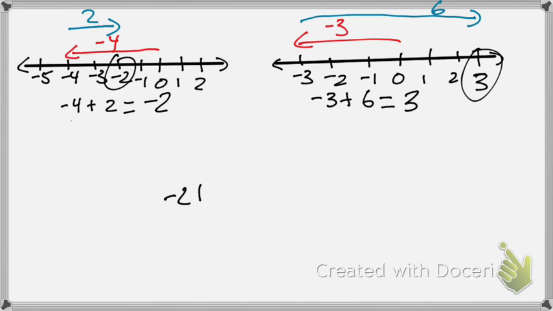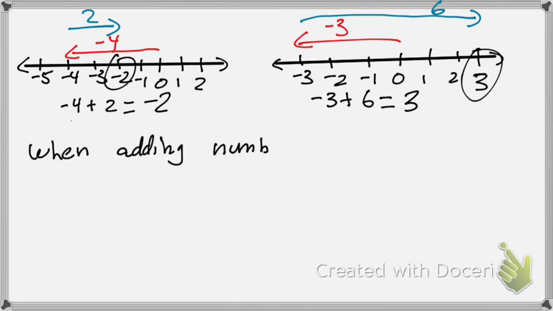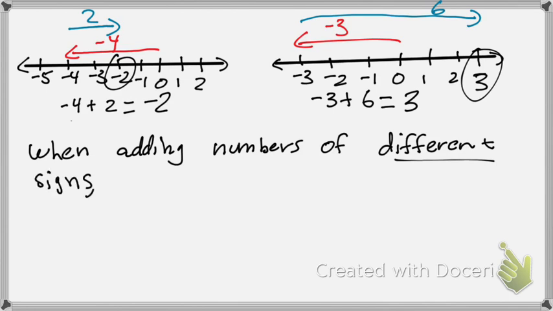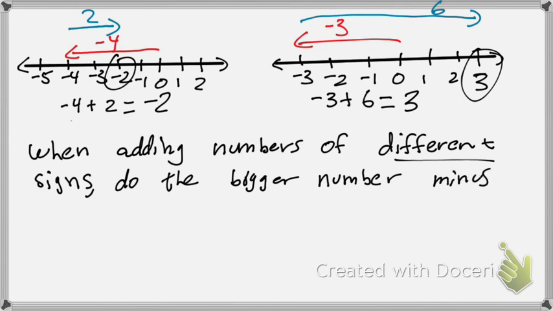So let's summarize that with a sentence that we can refer to. So when adding numbers of different signs, do the bigger number minus the smaller number.